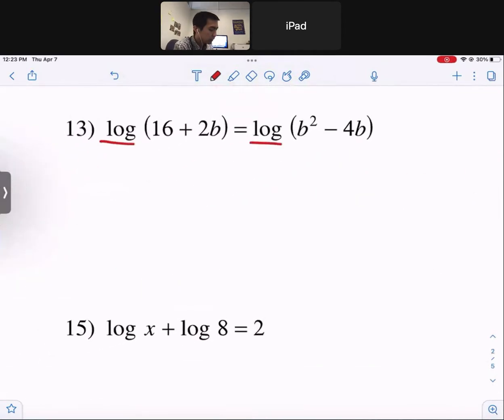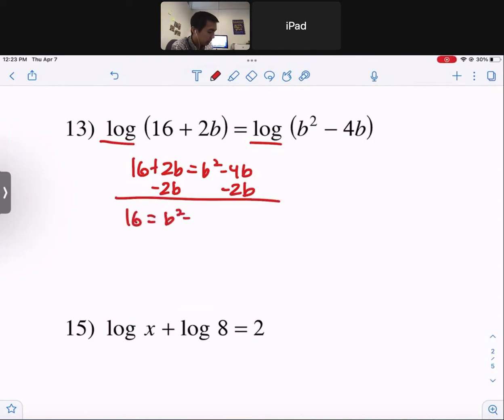13, log equals a log, so parenthesis equals the other parenthesis, right? Because we're dealing with quadratics, we've got to get the equation equal to 0. So I'm going to move everything to the right hand side. So we get 0 equals b squared minus 6b minus 16.